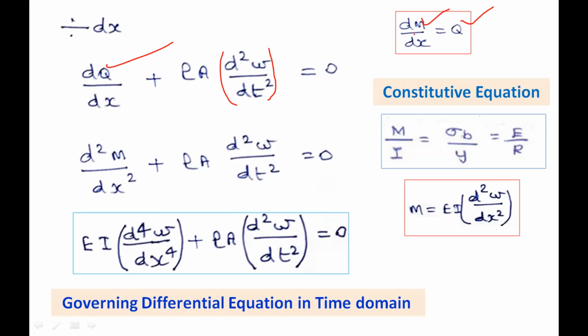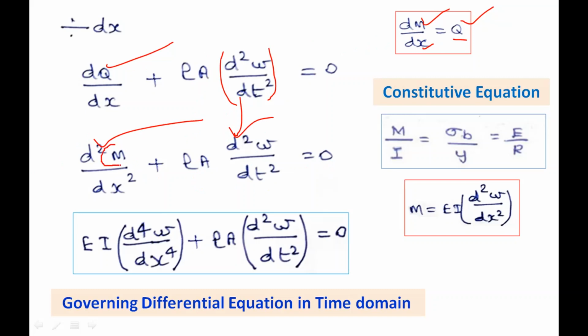You can refer to the earlier videos. The rate of change of bending moment with respect to the length is equal to the shear force. So using this relationship, dQ by dx will become d square M by dx square plus rho A d square w by dt square, which is equal to 0.